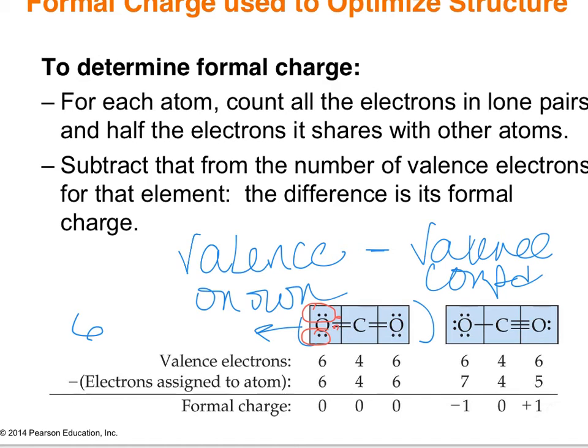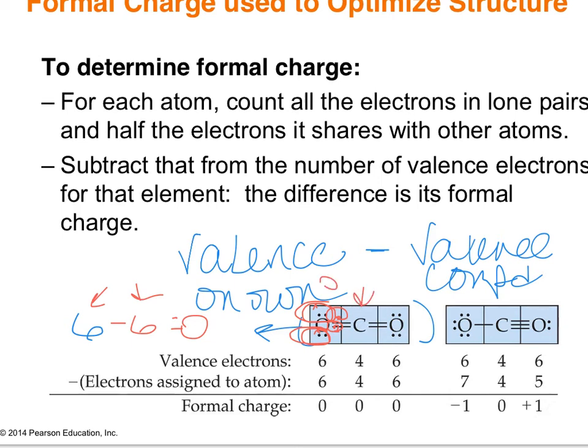So one's going to go to oxygen, the other electrons are going to go to carbon. So in this compound, oxygen has 2, 4, 5, 6 valence electrons. So it has 6 when it started, it has 6 in this compound, so the formal charge for that oxygen is 0.